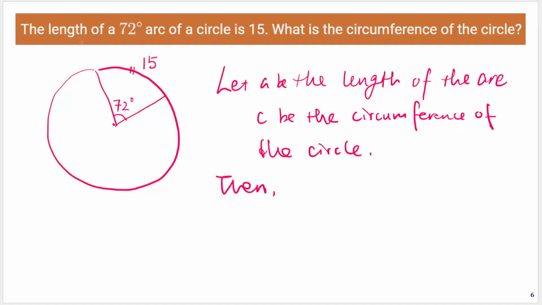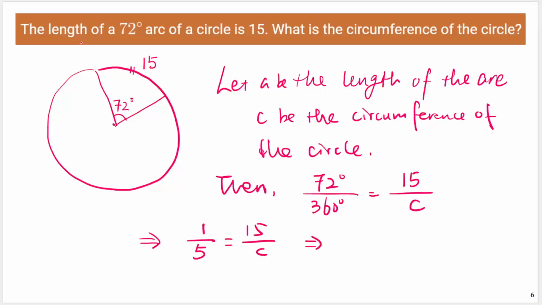We know that the ratio between 72 degrees over 360 degrees is the ratio of the length of the arc over the circumference of the circle, right? These two ratios must be the same, right? And therefore we have 1 over 5 equals 15 over C, which gives us C equals 75, right?